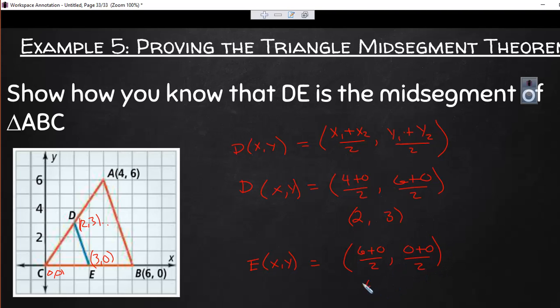Gives us 6 over 2, which is 3, and 0 divided by 2 is 0, so that means our answer is in fact 3, 0. So the coordinates of E are at 3, 0. So that means that this is in fact the midpoint of both sides here. Therefore, this is the midsegment of our triangle.